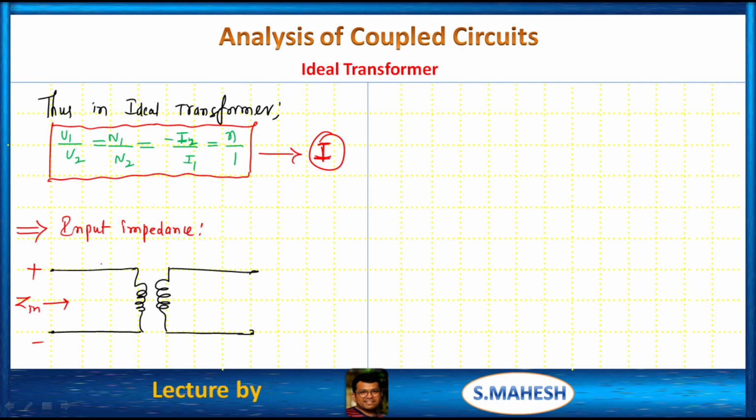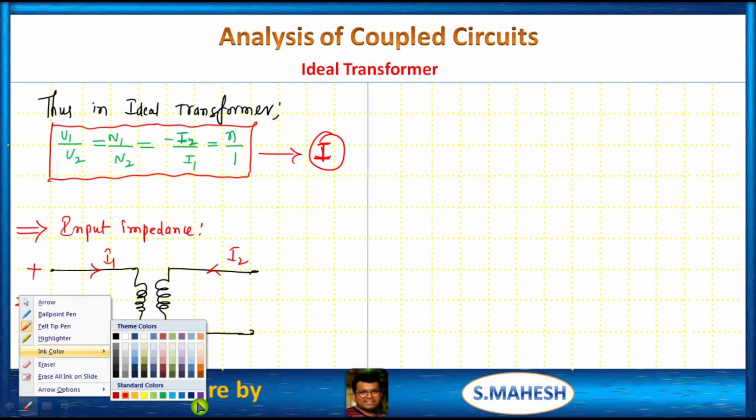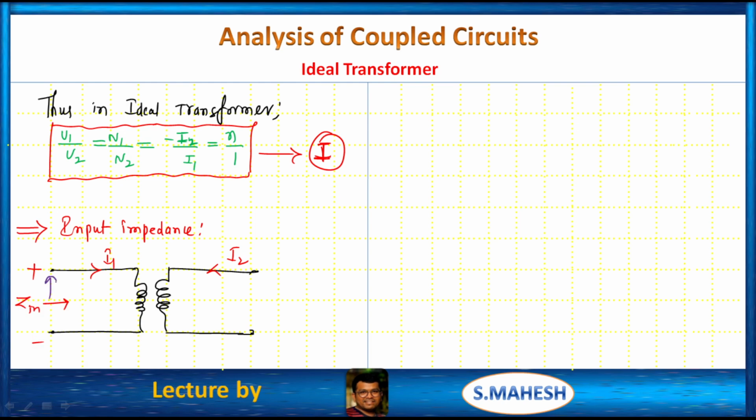This is Z input, this is I1, I2, and this is what we can have: supply voltage is V and K is equals to 1 and current ratio is what? N is to 1, and we have what? Dot convention. This is L1, this is L2. Across secondary we have a load, across load we have the voltage, that's it.